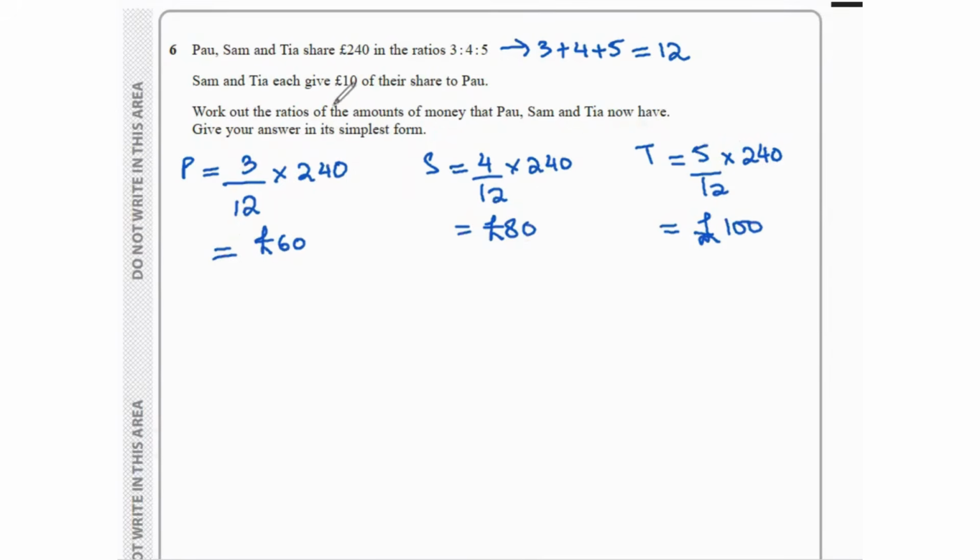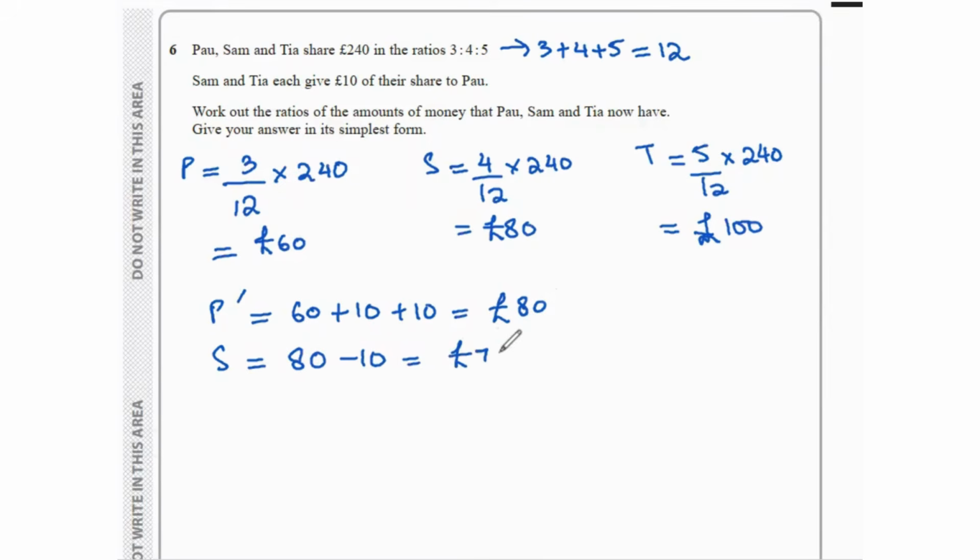Now Sam and Tia are giving 10 pounds each to Paul. So Paul's new share is 60 plus 10 plus 10, which is 80 pounds. Sam would be 10 less than 80, so that's 70 pounds. And Tia would be 10 less than 100, which is 90.